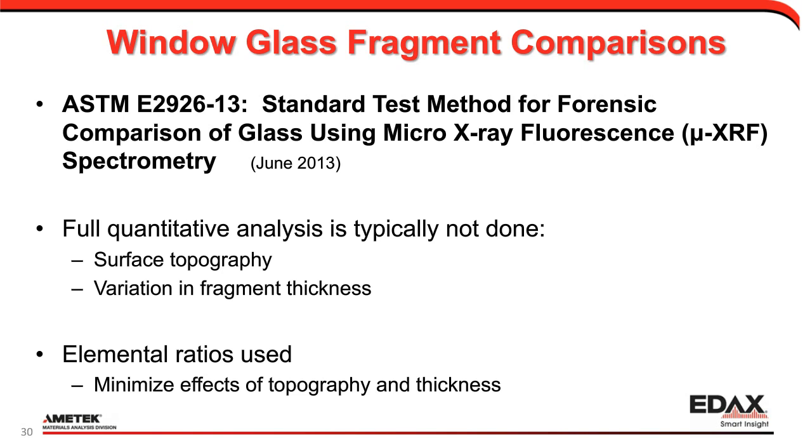So they have about 6 characteristic ratios for window glass, but you can use any set of characteristic ratios that you want for any type of glass that you're making comparisons for. And they will ratio certain elements together to minimize the effects of topography and thickness. And they will then compare those ratios between the fragments found at the crime scene to those fragments found on a suspect's clothing to decide whether the fragments are consistent with one another or not.